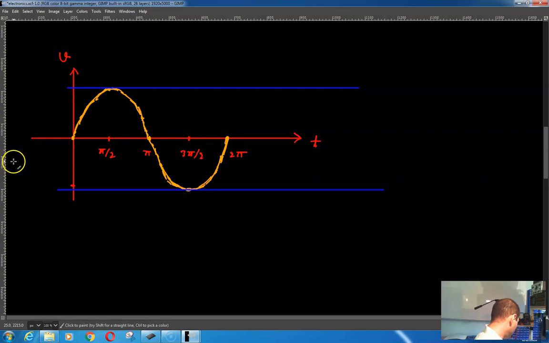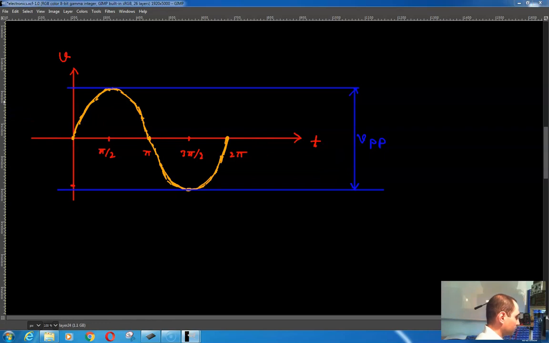You usually read your voltage from this peak to this peak, and you call that V of peak to peak, or V of PP, right?